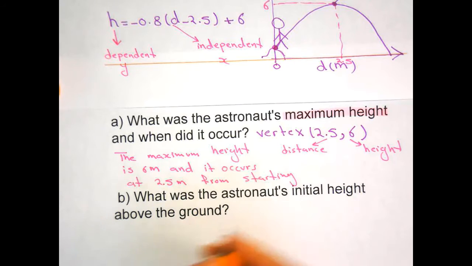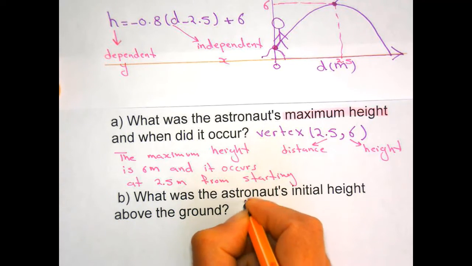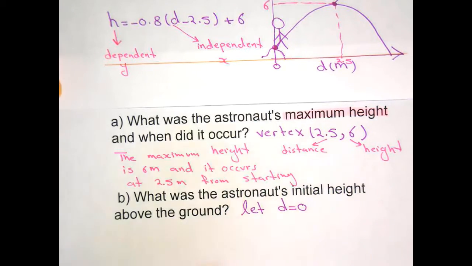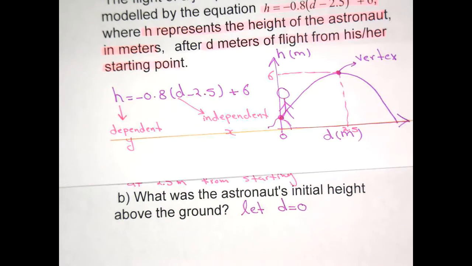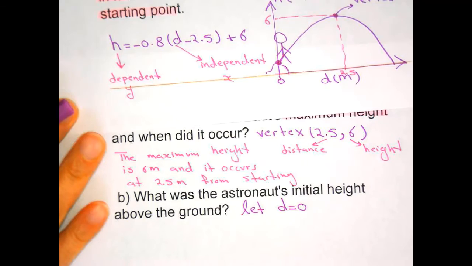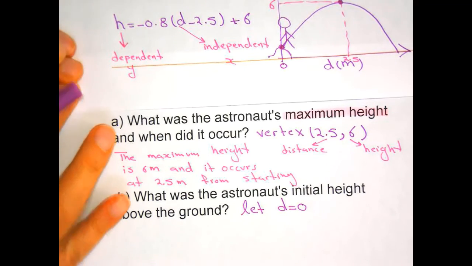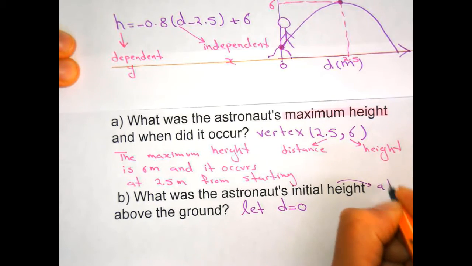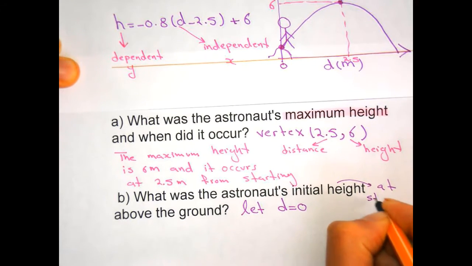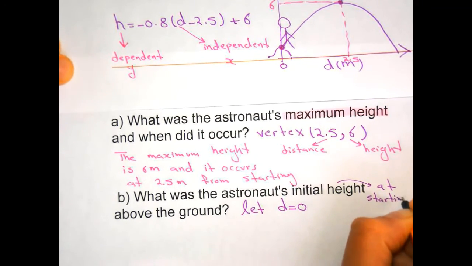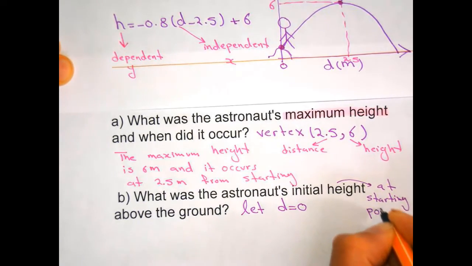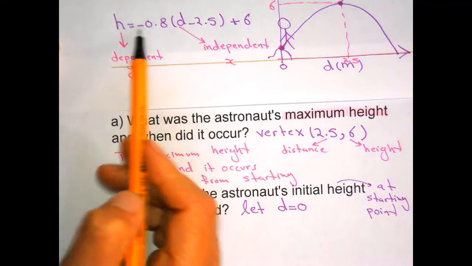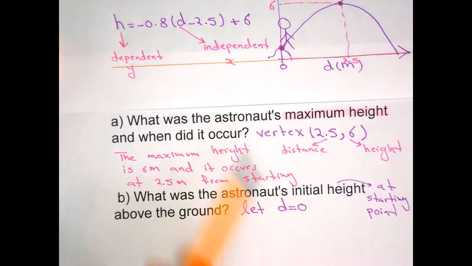In order to find this, the only thing you have to do is let the d value be 0, because initial height means at the starting point. So you use the equation and substitute 0 for d.